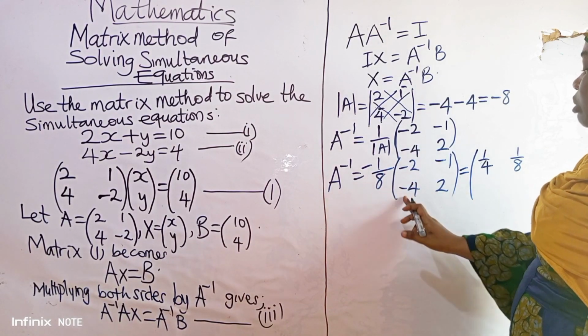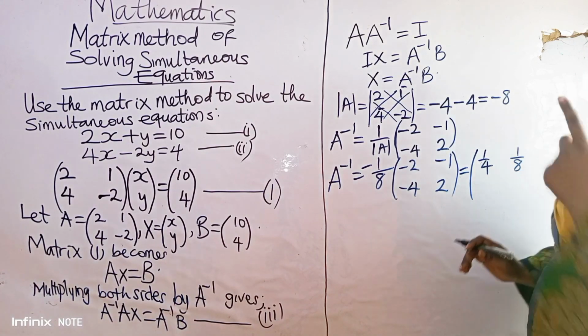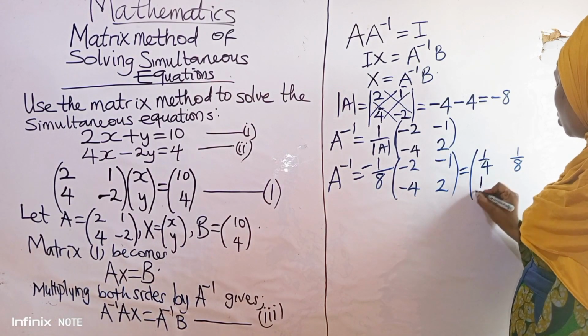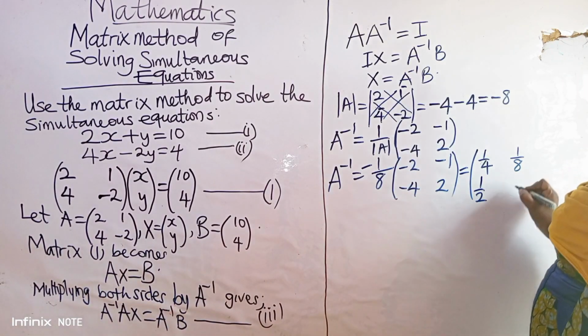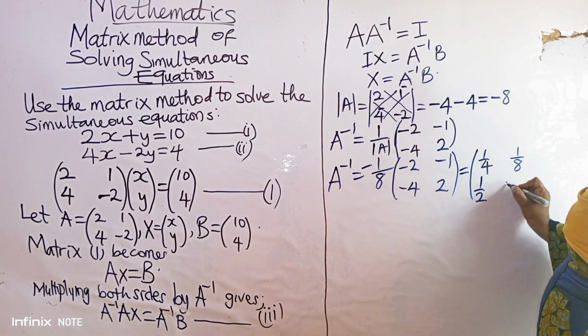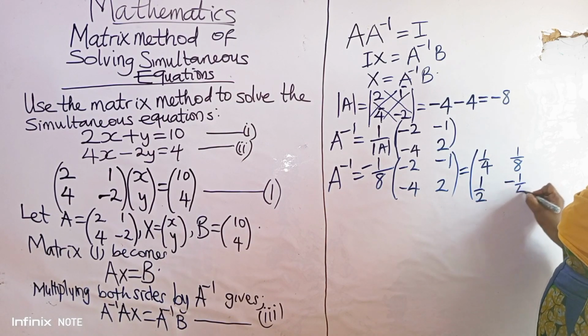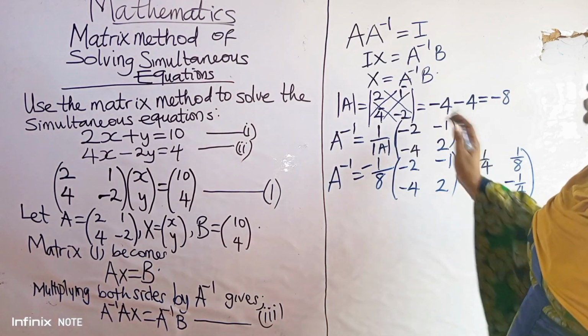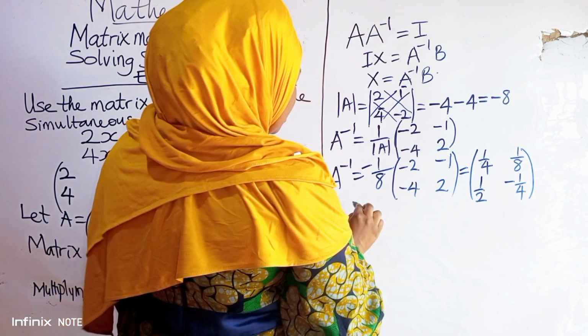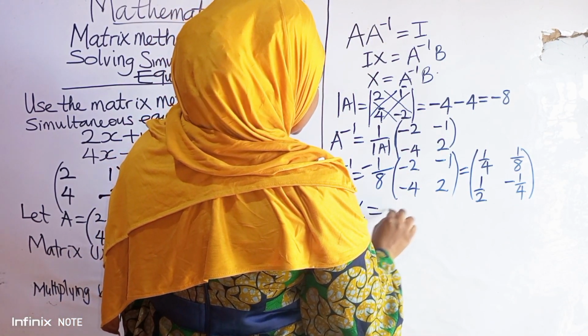Minus 1 over 8 multiplied by minus 4 gives me 4 over 8, which is 1 over 2. Minus 1 over 8 multiplied by 2 gives me minus 2 over 8, which is minus 1 over 4. So that is the inverse of matrix A. Now to find x, I'll go back to this equation.